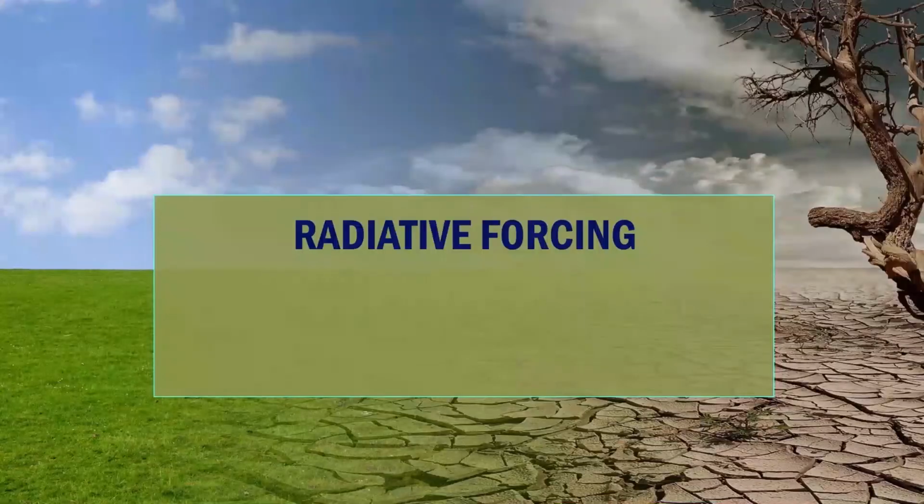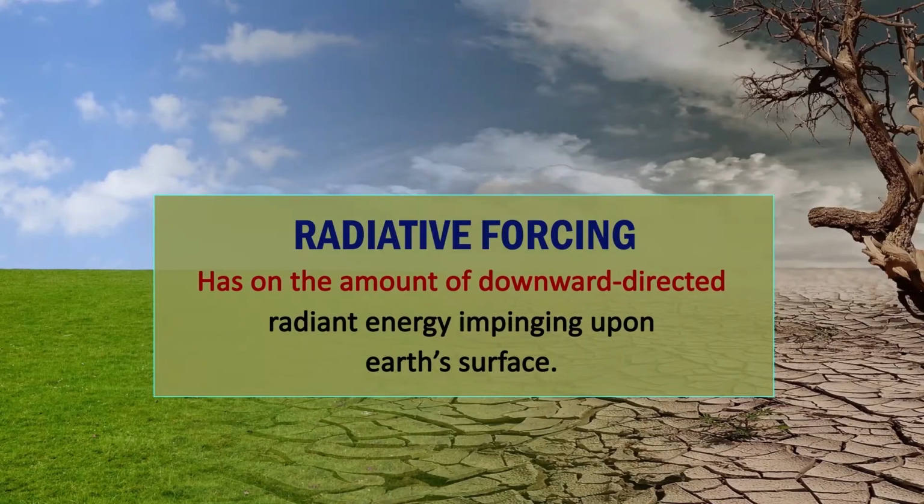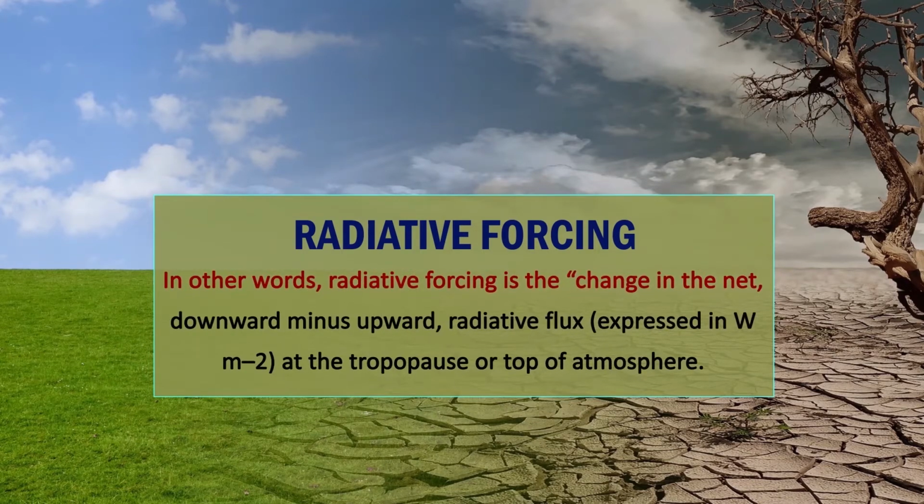The Intergovernmental Panel on Climate Change defines the radiative forcing concept as a measure of the influence a given climatic factor has on the amount of downward directed radiant energy impinging upon the Earth's surface. In other words, radiative forcing is the change in the net downward minus upward radiative flux, and it is expressed in terms of watts per meter square at the top of the troposphere, we call it TOA, or tropopause.